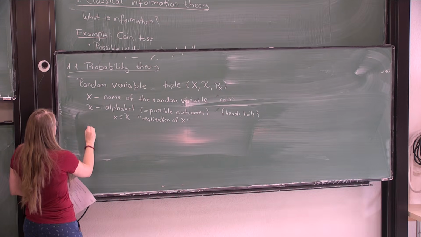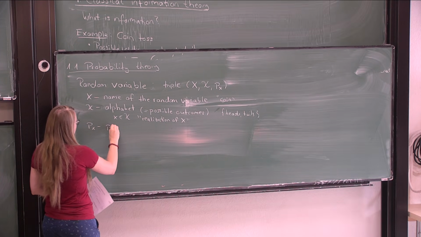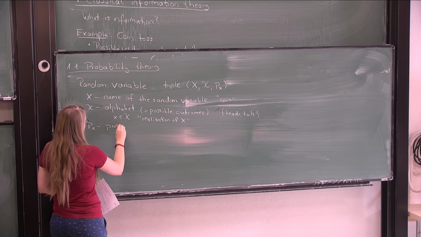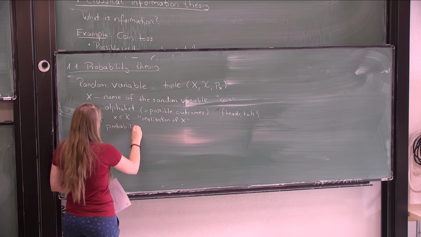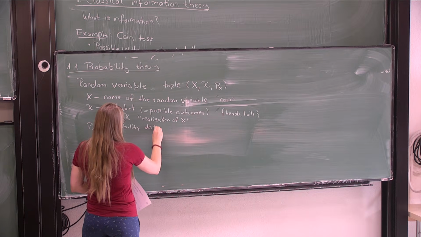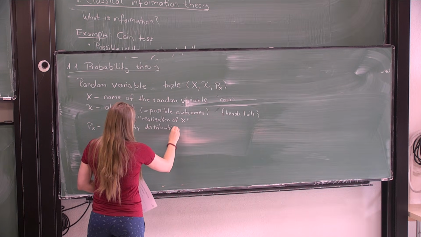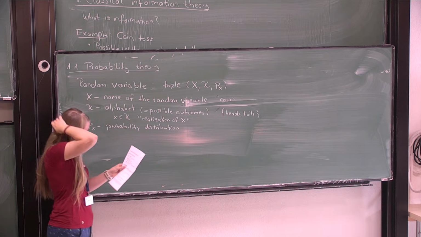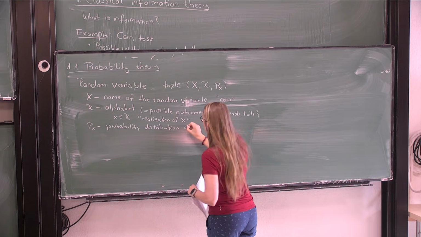And the last element that we need is the probability distribution that describes how likely the different outcomes are over the alphabet.